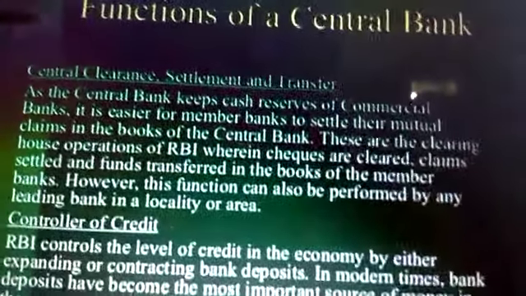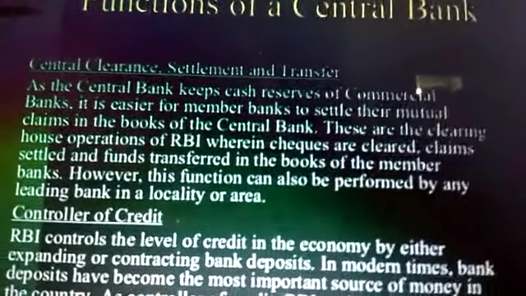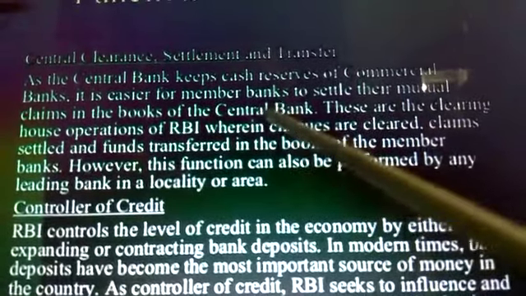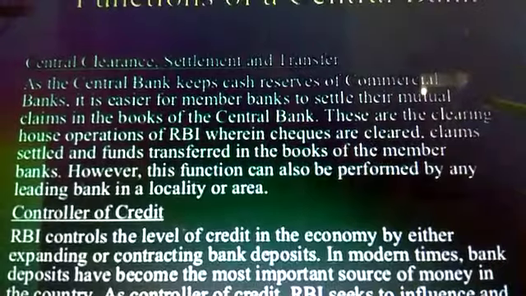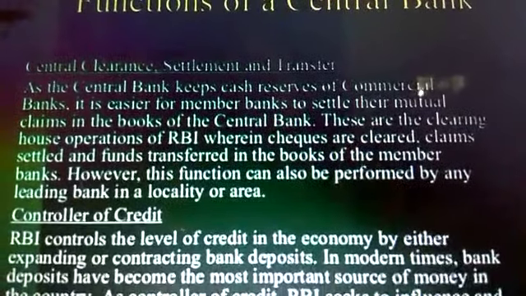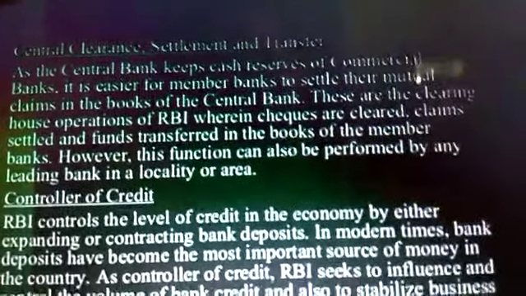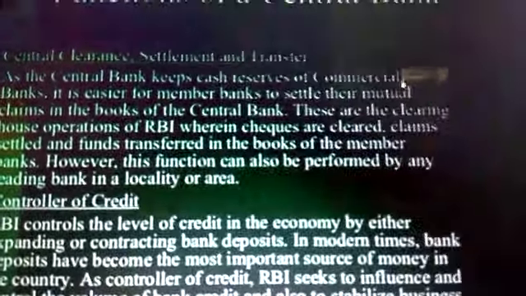Now, in our example SBI has to pay 1,000 to PNB. Now the central bank will transfer 1,000 rupees of cash reserves from SBI to PNB. Now SBI has 4,000 cash reserve, PNB has 6,000 cash reserve. Money remains with the central bank, only the entries are made. This is known as the clearing house function of a central bank.